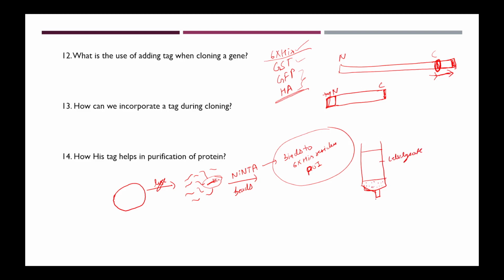So your protein will be bound to these beads, and when you collect the flow through in another tube, you are left with only the beads where your protein is bound. Now, to get the protein out of the beads, what do you do?